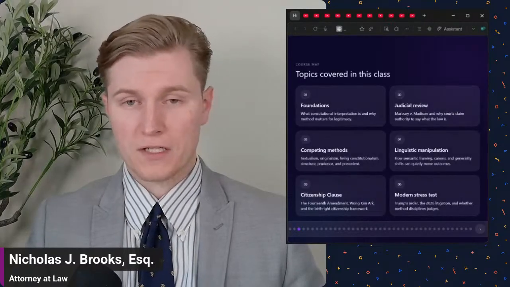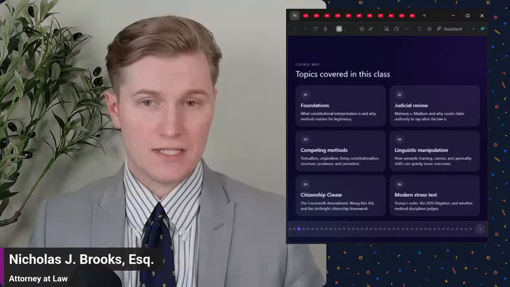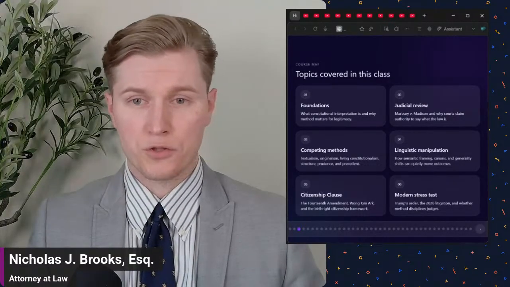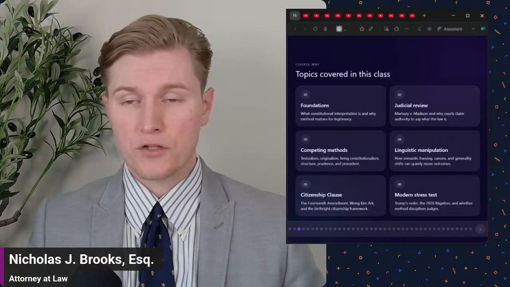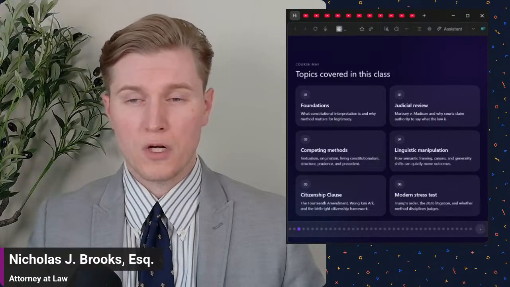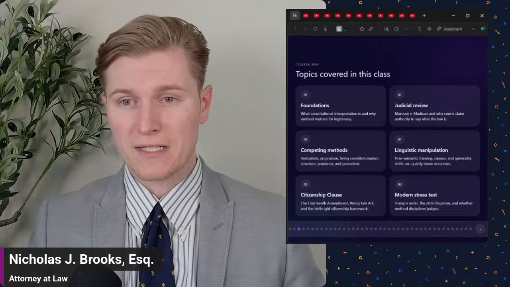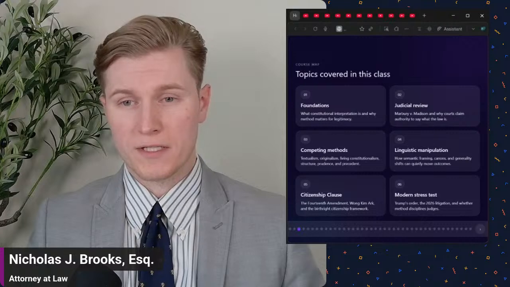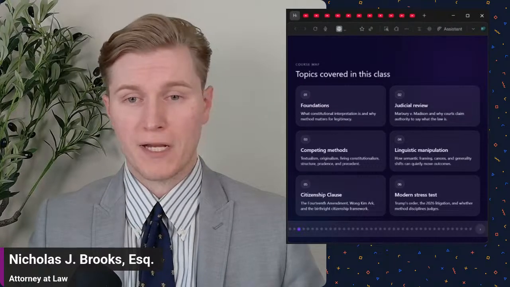Moving on to the next section, here are the different topics we're going to cover. Obviously, as I discussed, first is foundations: what constitutional interpretation is and why method matters for legitimacy. Second, we're going to discuss judicial review. We're going to go over a very famous Supreme Court case, Marbury v. Madison, and why courts claim authority to say what the law is. Then number three is competing methods.